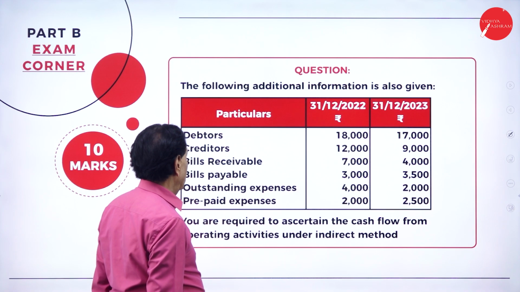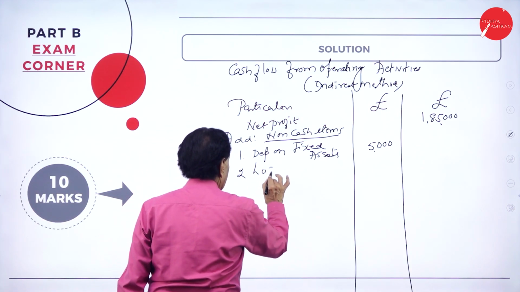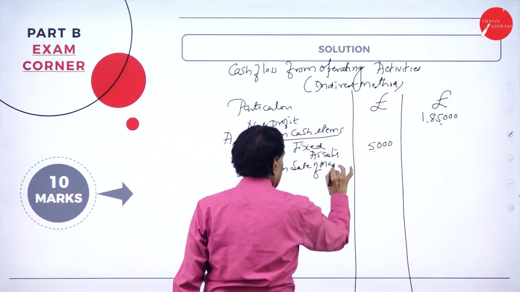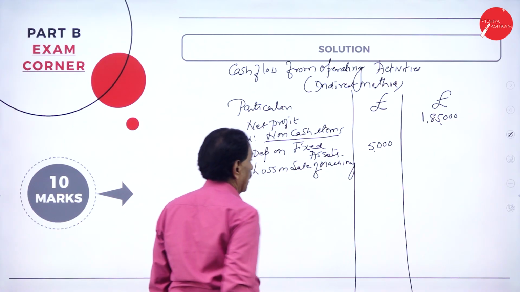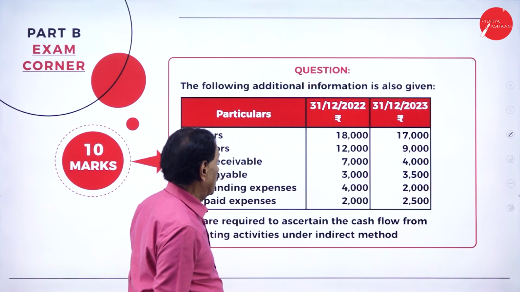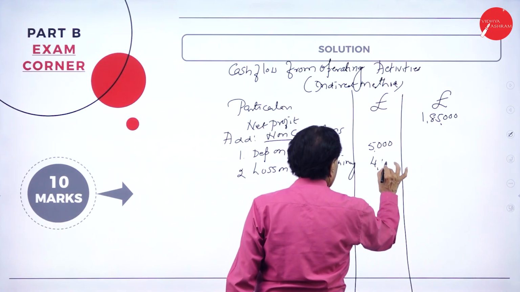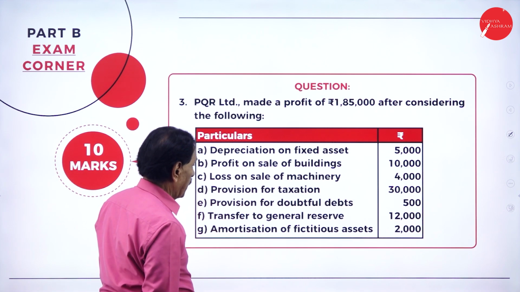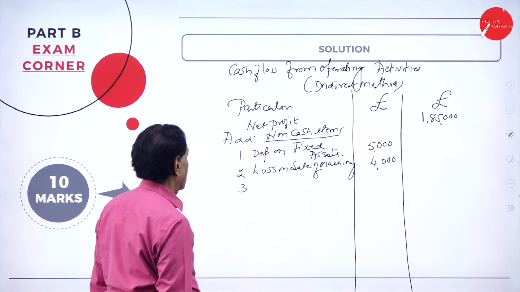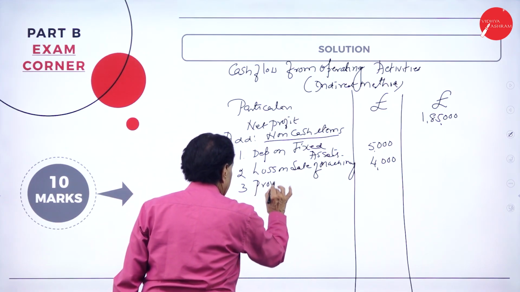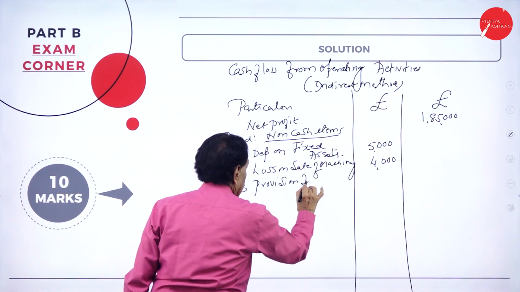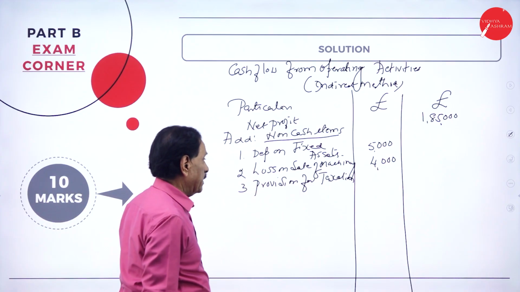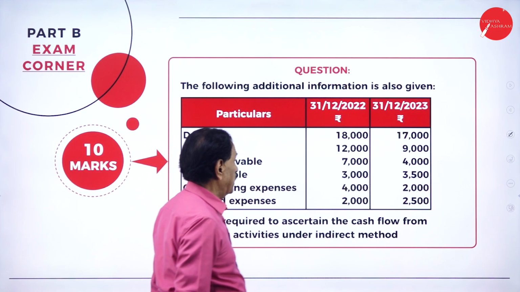Loss on sale of machinery, 4,000. Number 3, provision for taxation, 30,000.